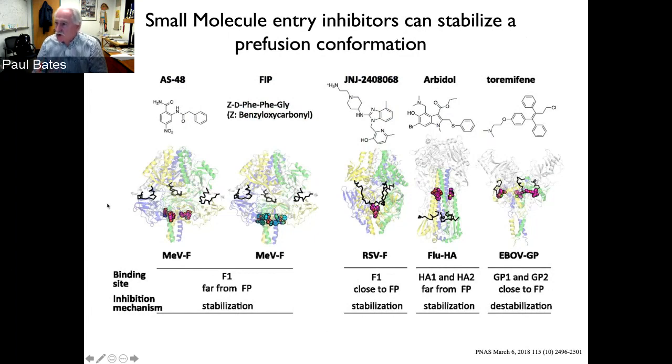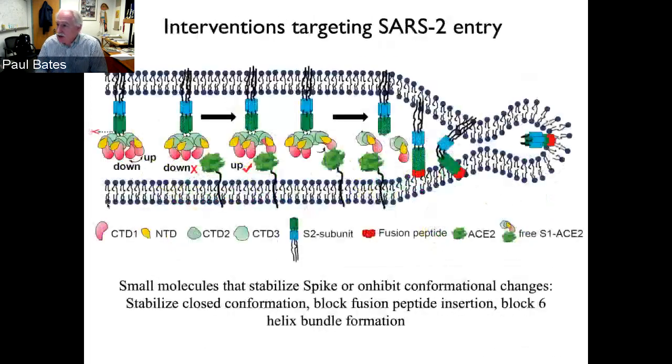So it can't undergo the conformational changes it needs to become fusogenic. And so you could imagine that those could be very effective inhibitors. Those would block conformational changes, either the opening of the head or potentially the refolding that's going to be required to release S1 and get S2 into its fusion conformation, or even to do the fold back.